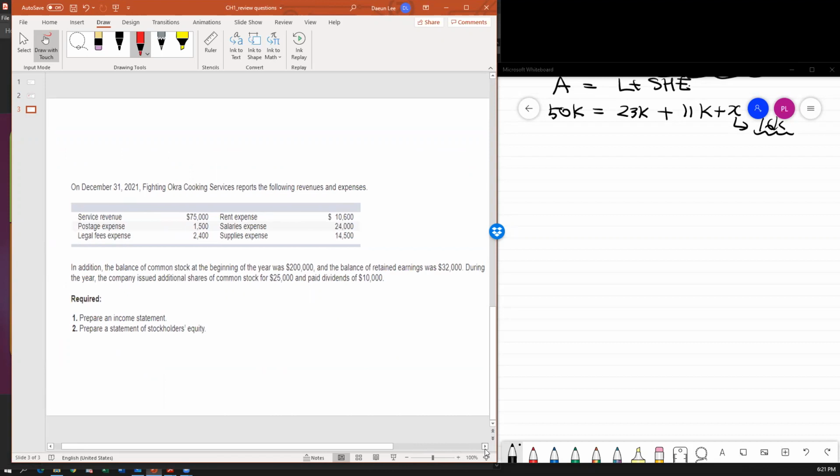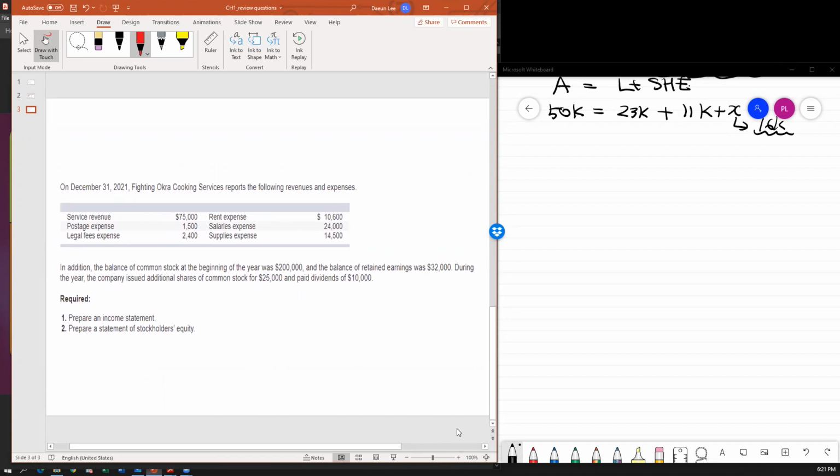So, there you go. On December 31st, 2021, this company reports the following revenues and expenses. In addition, the balance of common stock at the beginning of the year was 200K, and the balance of retained earnings was 32K. During the year, the company issued additional shares of common stock for 25K and paid dividends. Prepare an income statement.